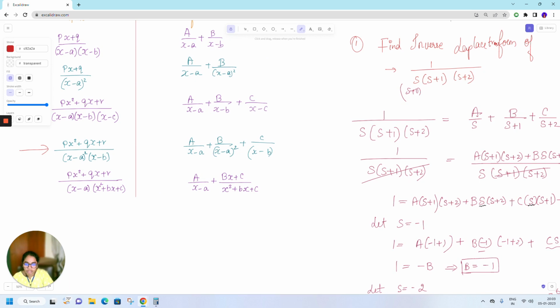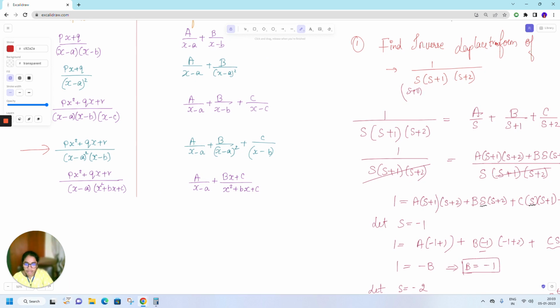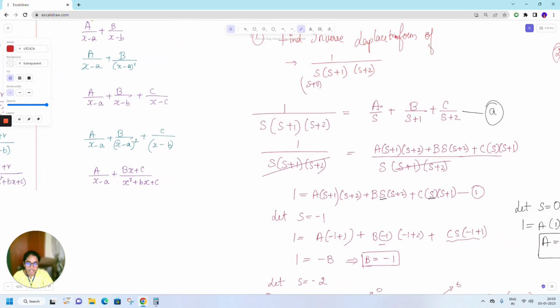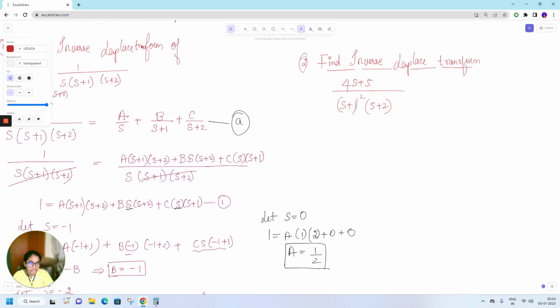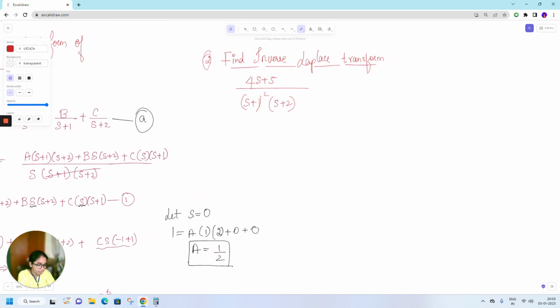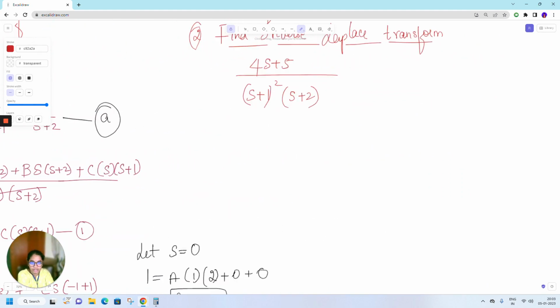Okay, so we would have to write it as a divided by s plus 1 plus b divided by s plus 1 whole square plus c divided by s plus 2. Yes, so let me write it in that form.